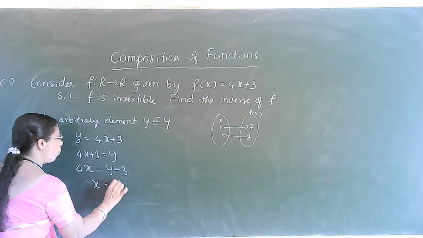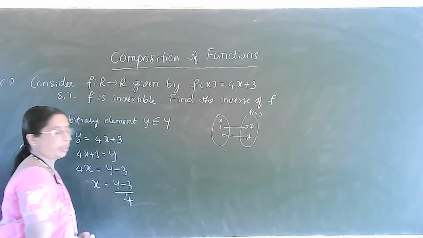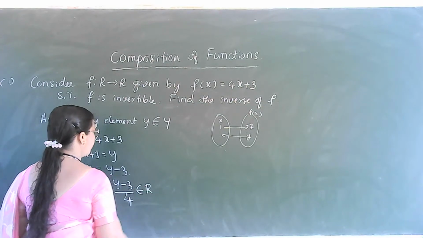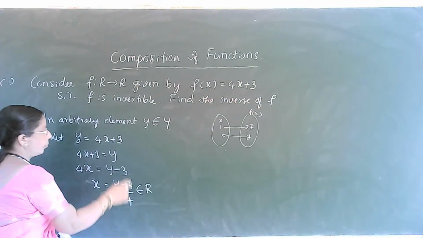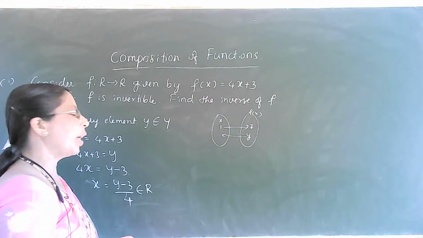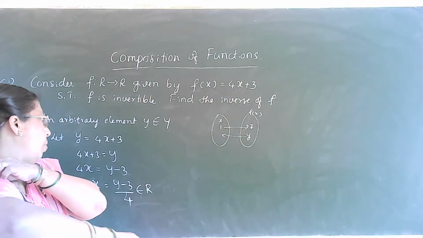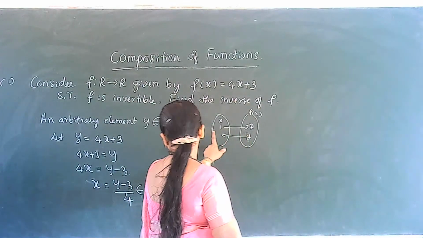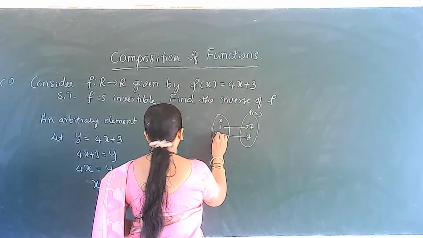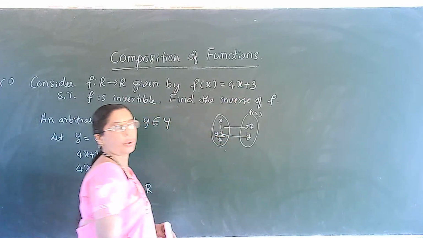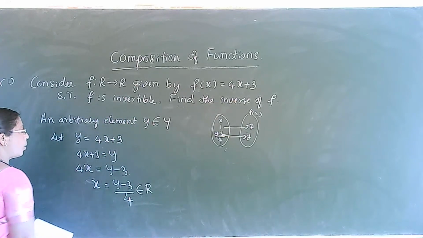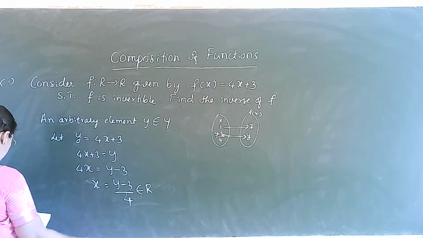Then x equals y minus 3 by 4, which belongs to R. Y is an arbitrary element in the codomain, and the respective x in the domain is y minus 3 divided by 4.